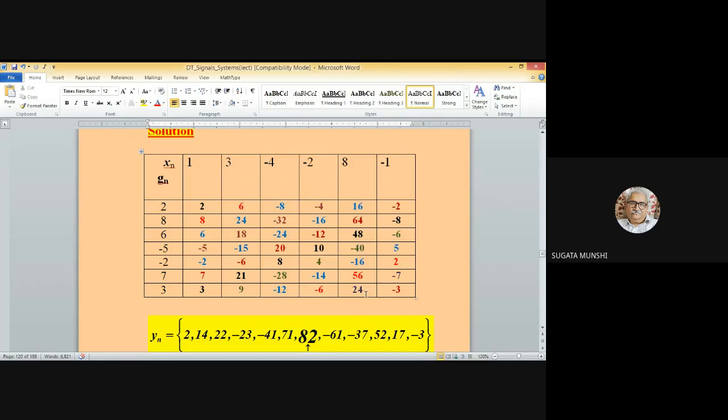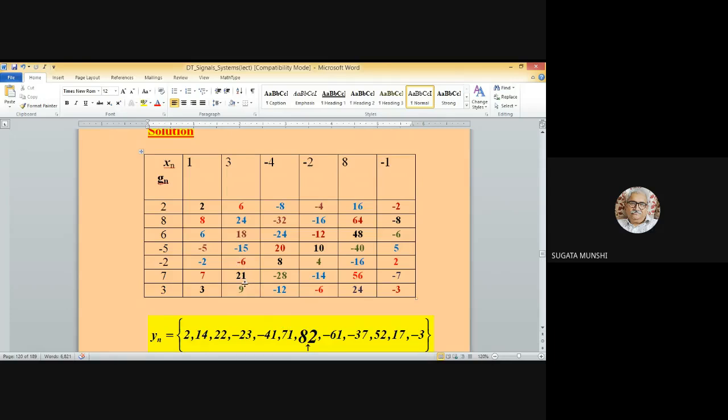Green numbers minus 61. Blue numbers minus 37. Red numbers 52. Then these two violet colored numbers, 17, and lastly this one, minus 3. So you have obtained the values.